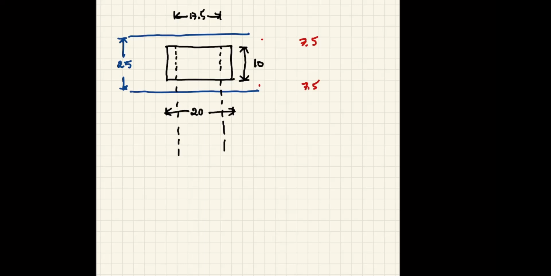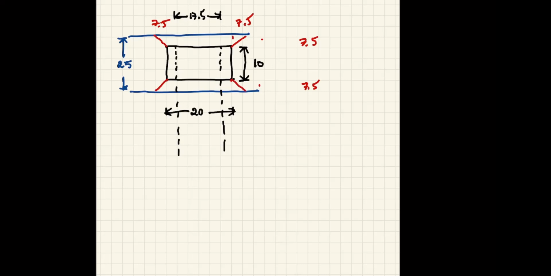Correct? So if you have 7.5 to go in the vertical direction, because of the one-to-one slope, if you can go up 7.5, you should go sideways 7.5 as well. This is 7.5 as well. All right. 7.5 and 7.5. Okay.